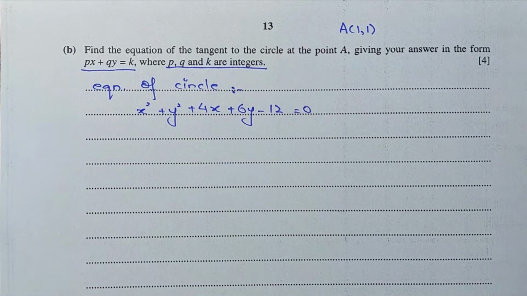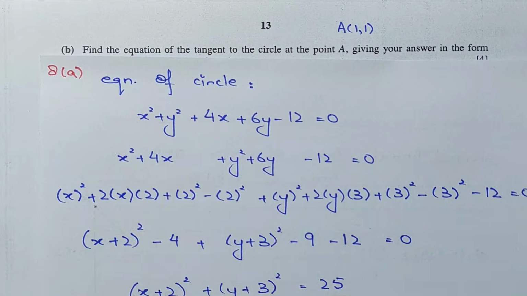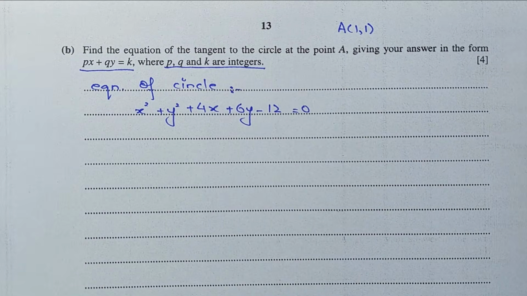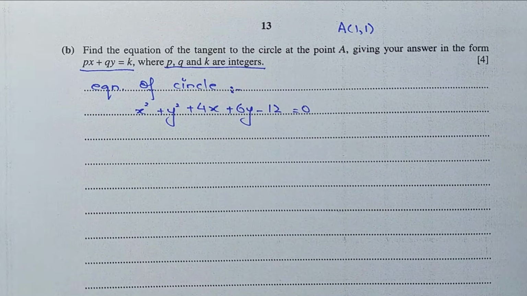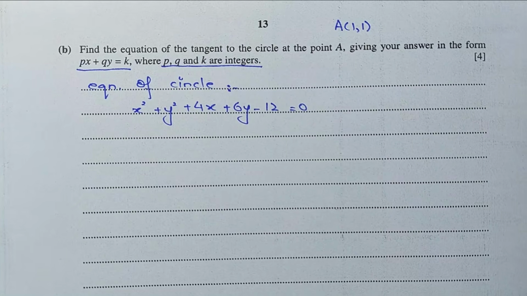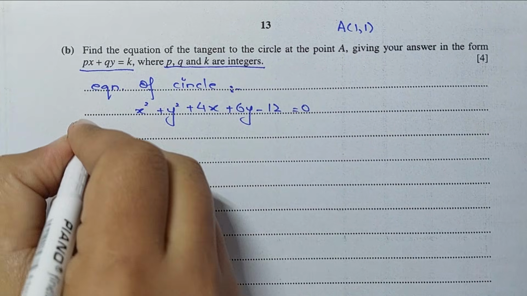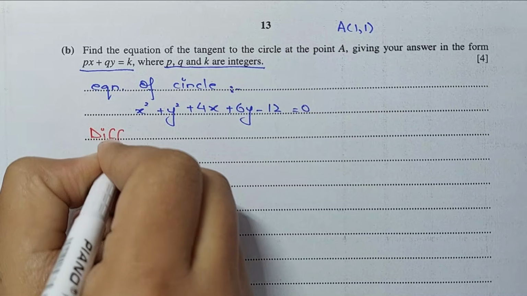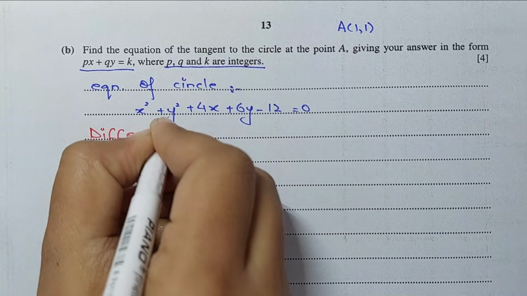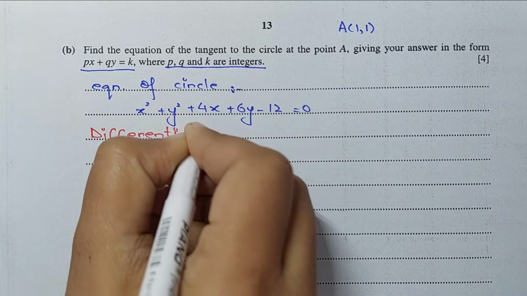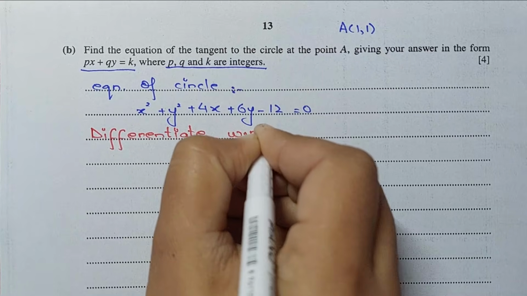This would be the equation of the circle after getting the values of a and b. I just wrote this down. Okay. Now we need to figure out what the gradient is at 1, 1, the point A. So differentiate with respect to x.